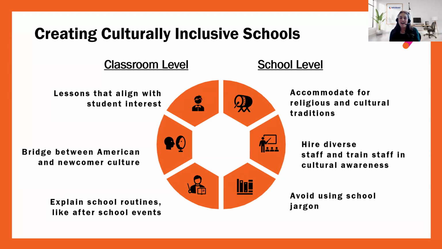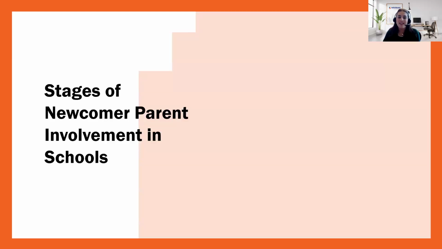We know for anyone who works in the education realm that we use a lot of jargon and a lot of acronyms and a lot of confusing words. And for newcomers, this can sound like a completely different language. I know that's something that my family struggled with so much, and it was very difficult for them. So please try to avoid that because that makes people feel like they're not well equipped to understand what's happening in schools.